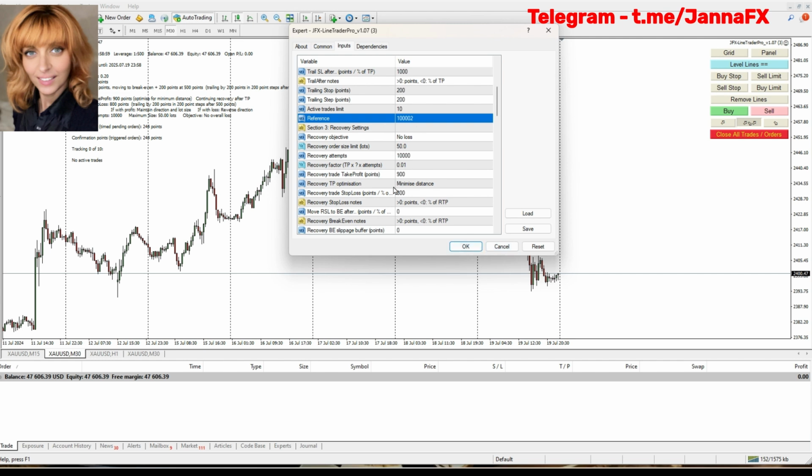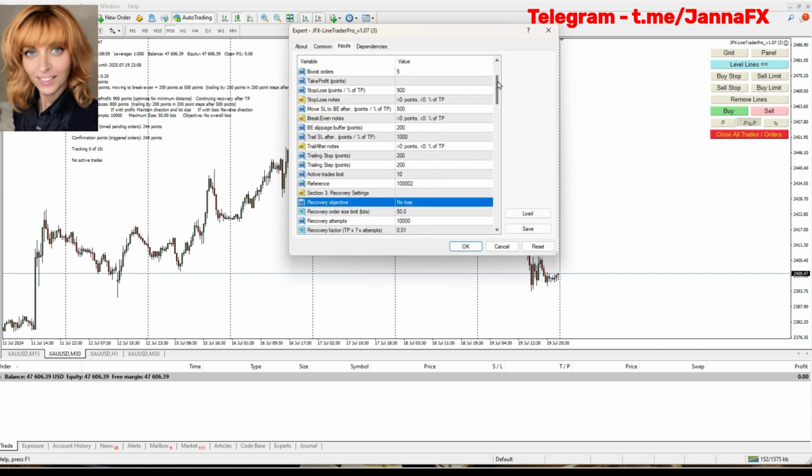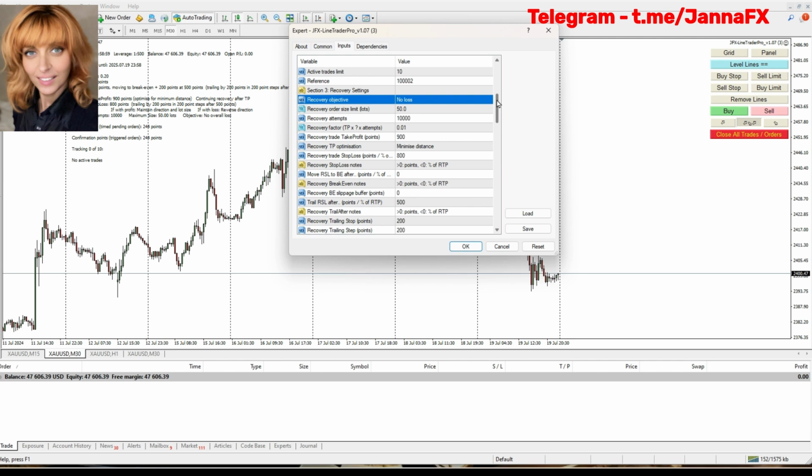The recovery system is exactly the same. The only difference here is that instead of putting recovery objective profit, I'm putting no loss. Why? Because we don't have profit here in take profit. That's why the EA will not understand what you want to make profit of, because there is no profit. Usually it recovers the loss and makes profit, right?